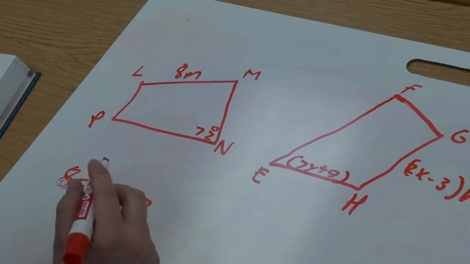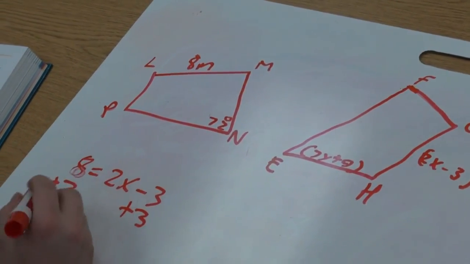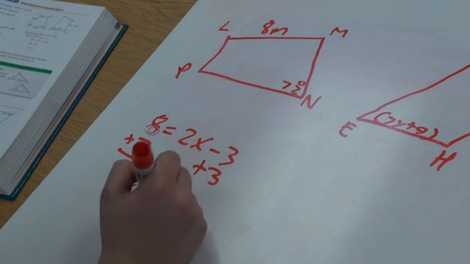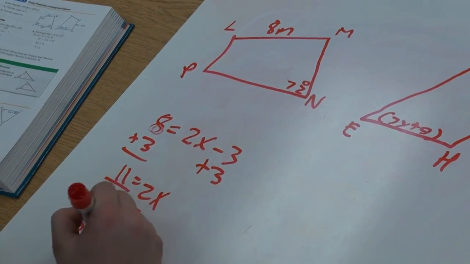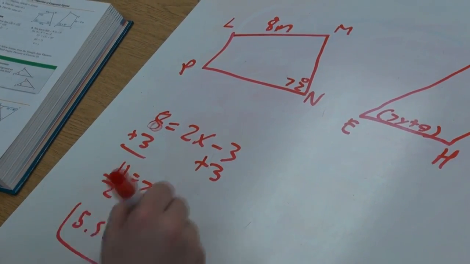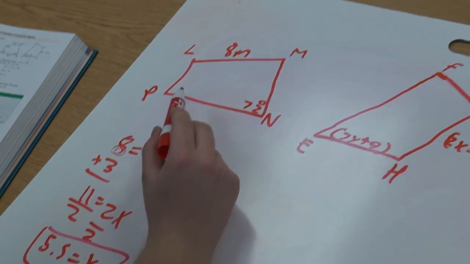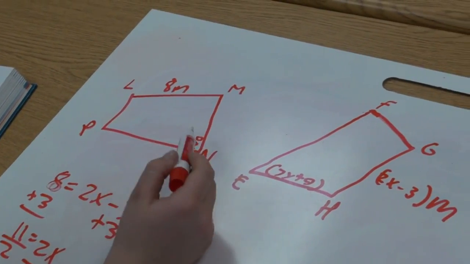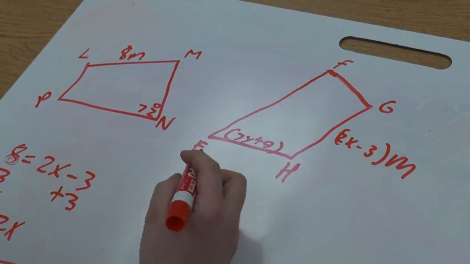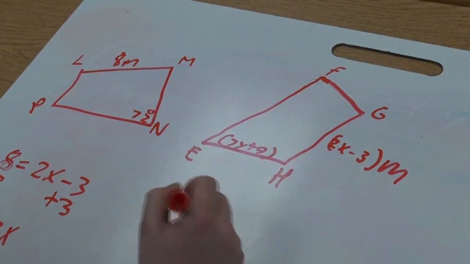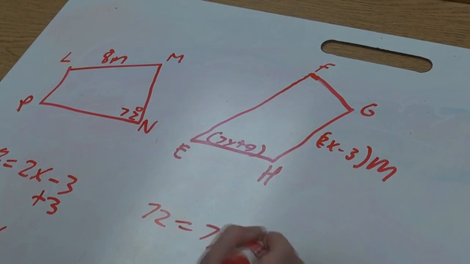Now to start the equation, you're going to add the 3 to the 8, basic algebra. So we have 11 equals 2x, divide by 2, and you come up with 5.5, which equals your x. Now for the y, you have the measurement of your N and your E. Now to do this, you put the 72, which would then equal your 7y plus 9.